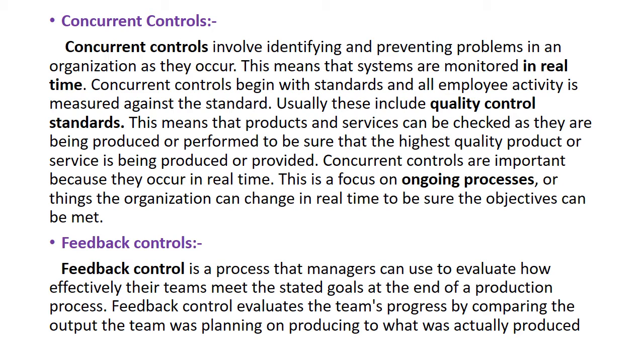Products and services can be checked as they are being produced or performed, to be sure the highest quality product or service is being produced or provided. So it is consistently done, an ongoing process, checked in real time. And the feedback control system is used to evaluate how effectively the teams meet the stated goals by comparing the output with the standards.